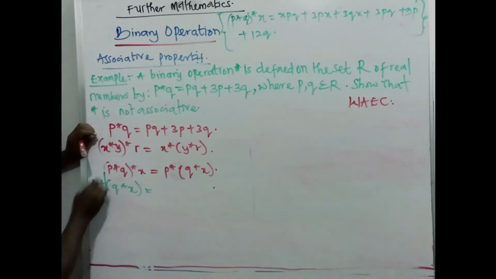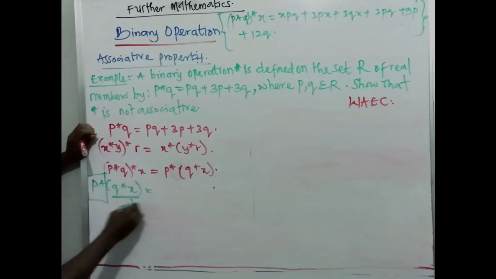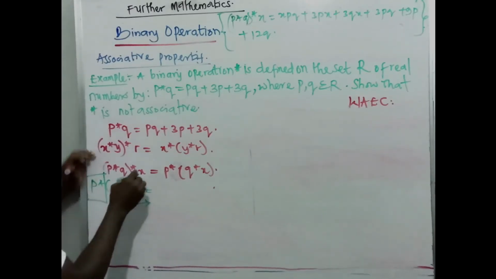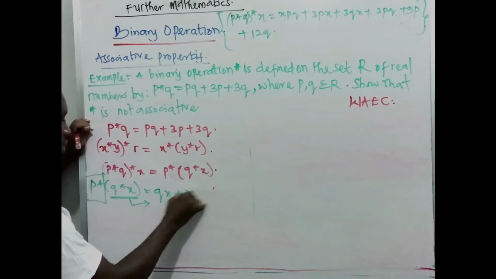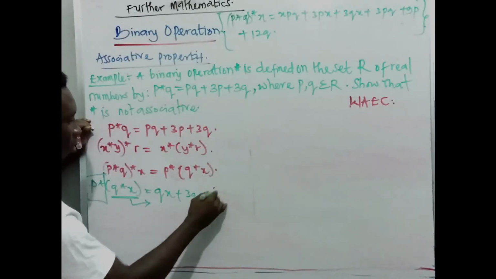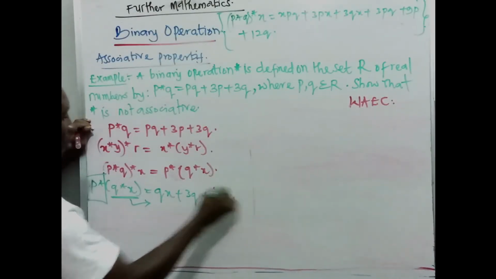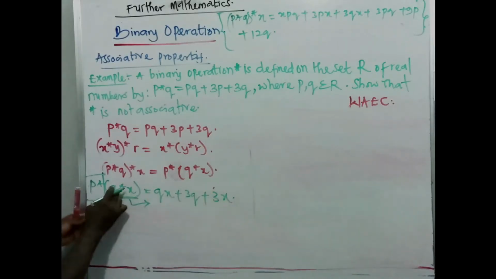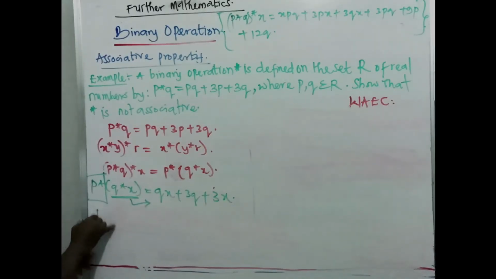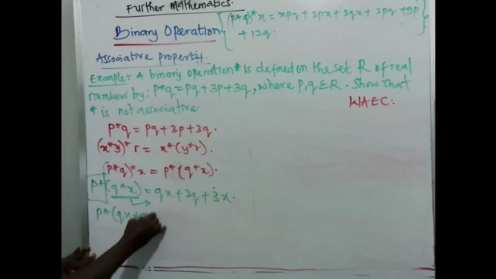This one is out for now. Let us treat the one in bracket first. So Q asterisk S becomes QS plus 3Q plus 3S. Having gotten this, put it into the expression below: P asterisk open bracket QS plus 3Q plus 3S.